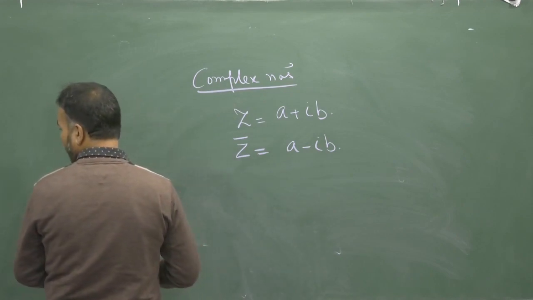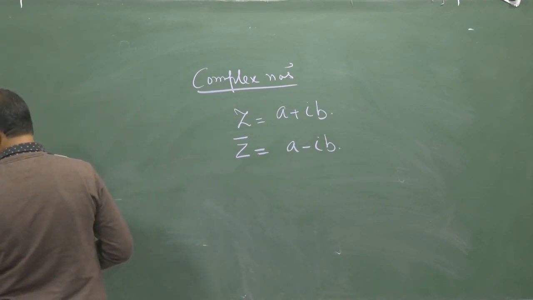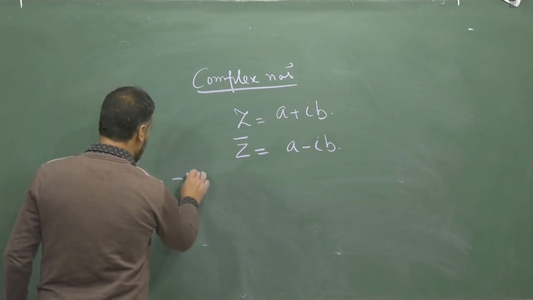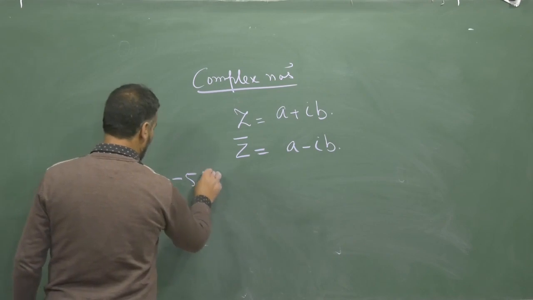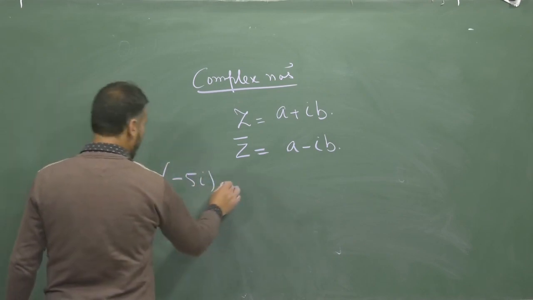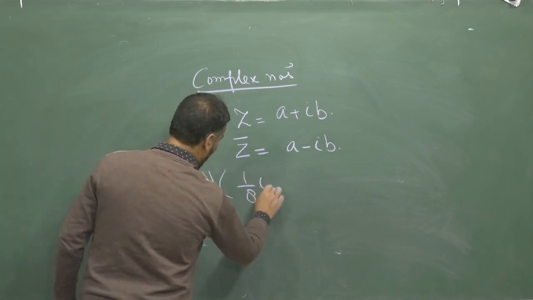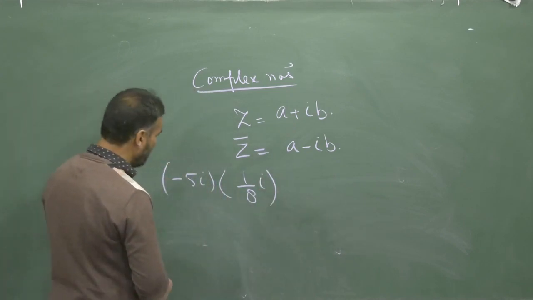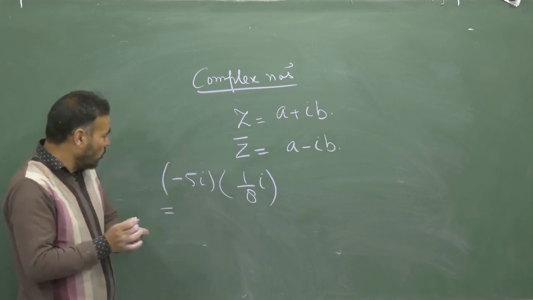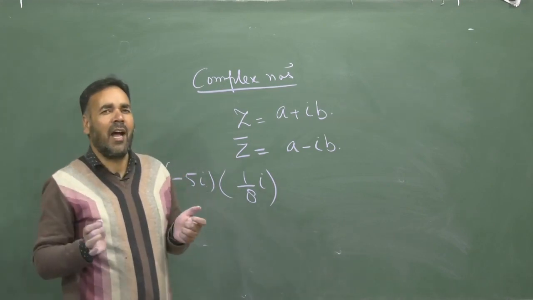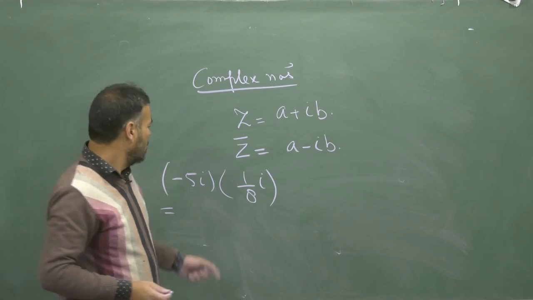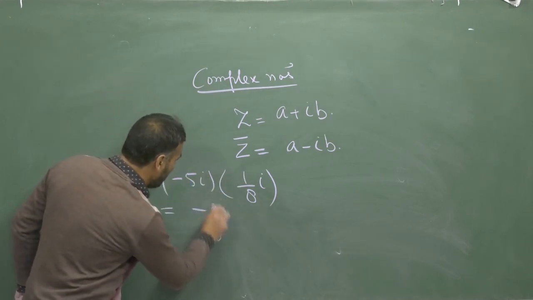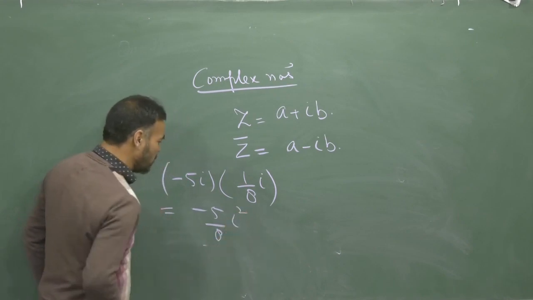If we have to express minus 5 iota into 1 divided by 8 iota in the form a plus iota b, what do we do? We simply take the product form. Negative 5 divided by 8, it is iota into iota, which is iota square.